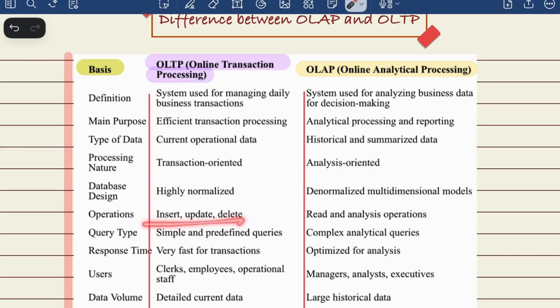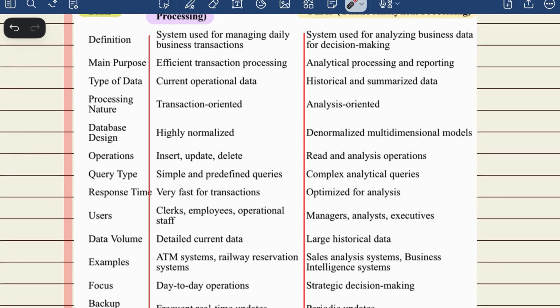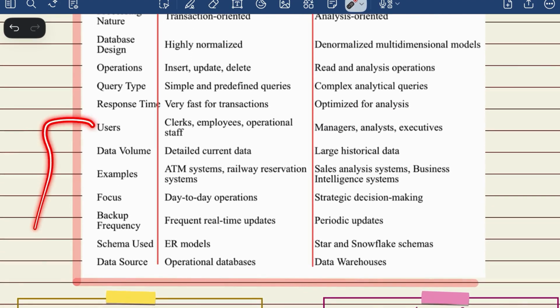There are a few operations performed, but in OLAP we cannot perform operations. It is read only, to perform analysis. It is very fast and it is optimized for analysis. All right, so there are a few more. You can read it and understand what the other key differences between them are.